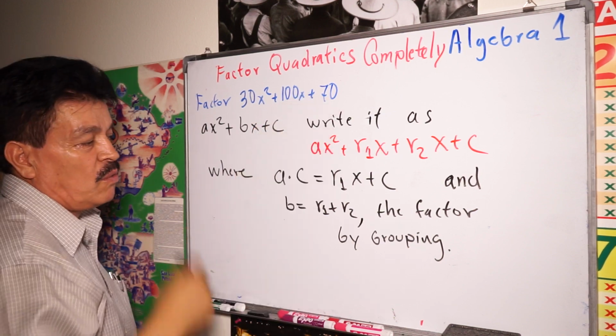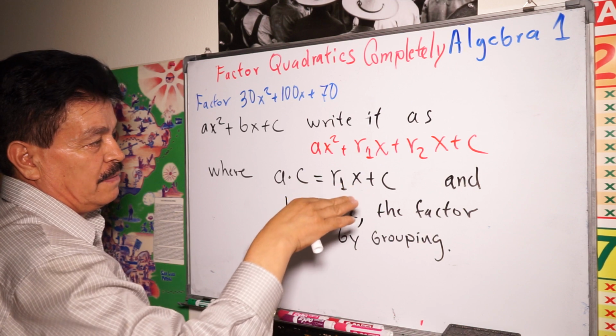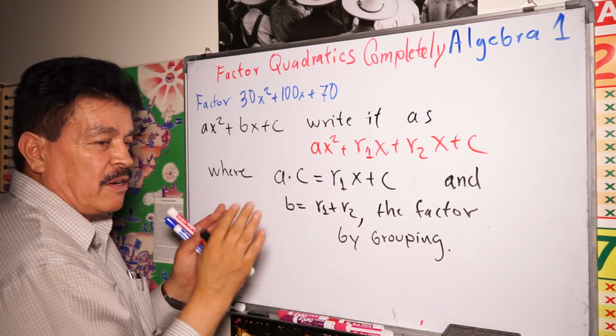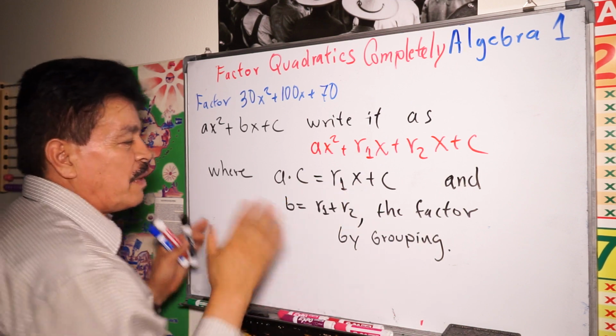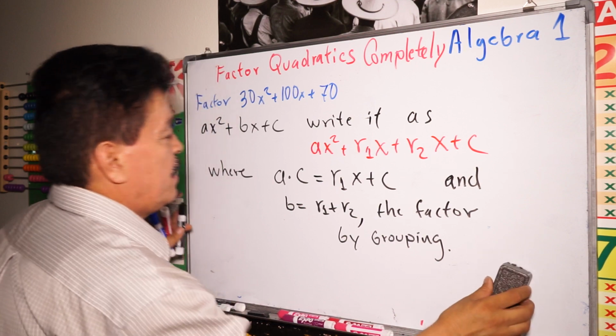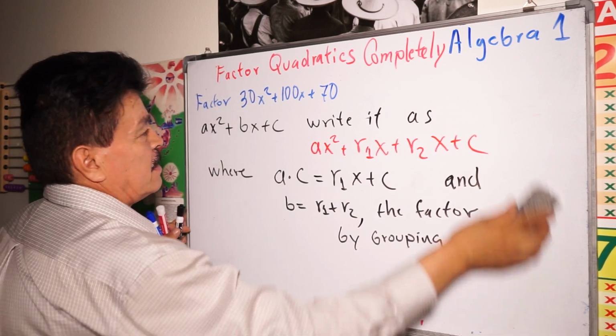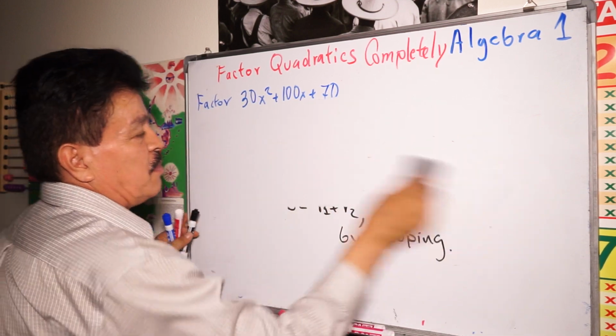So let me solve one problem to understand this formula better. Right now it's a little bit confusing, but it's not. It's very simple, okay? So let's solve this problem.